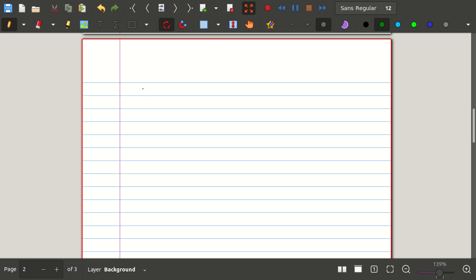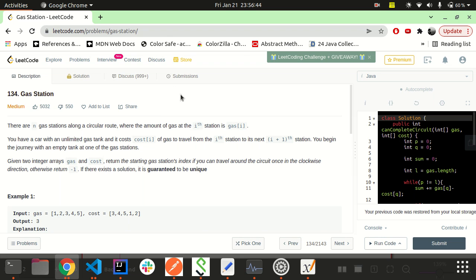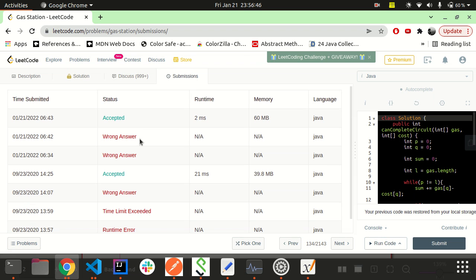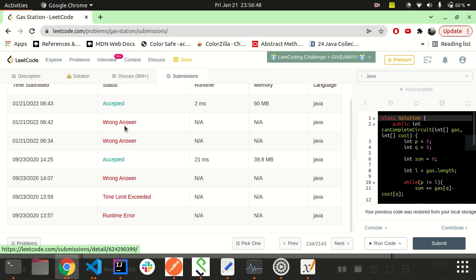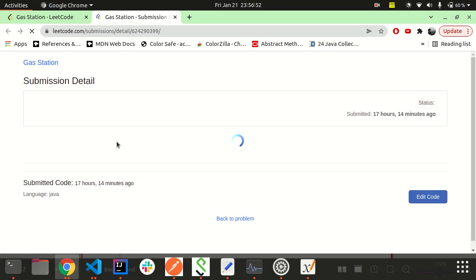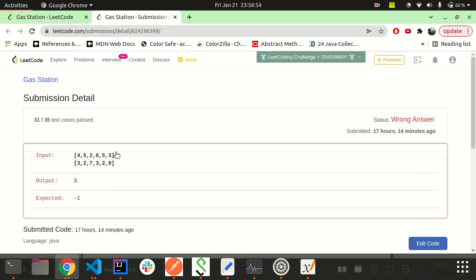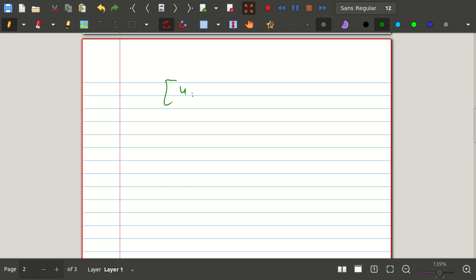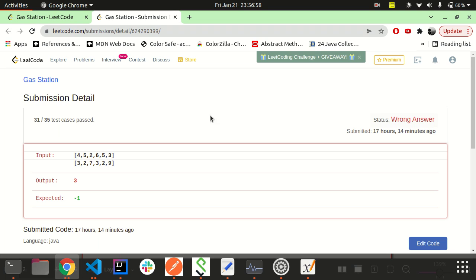So how will this work? For example, I had some test cases. Let's take a test case which failed for my solution. Let's take this: 4 5 2 6 5 3.